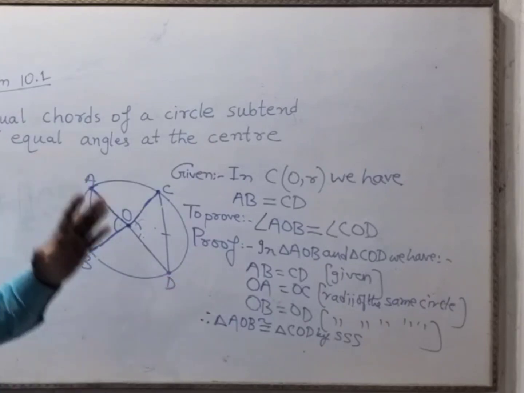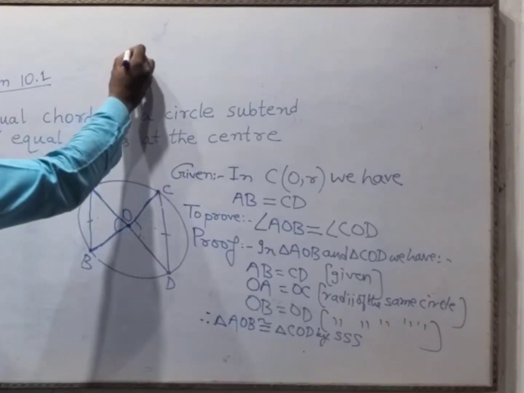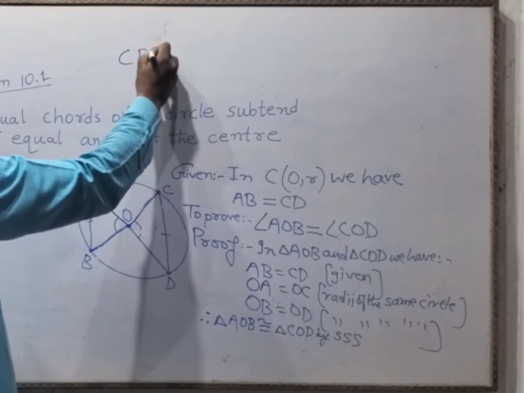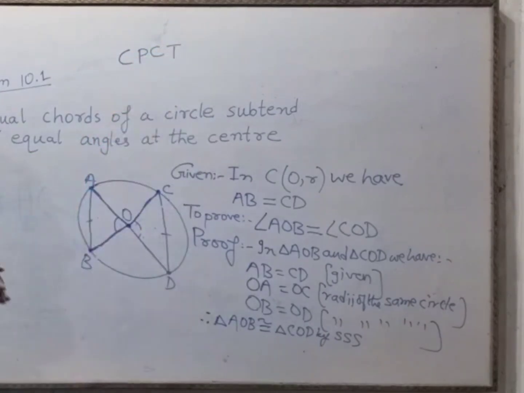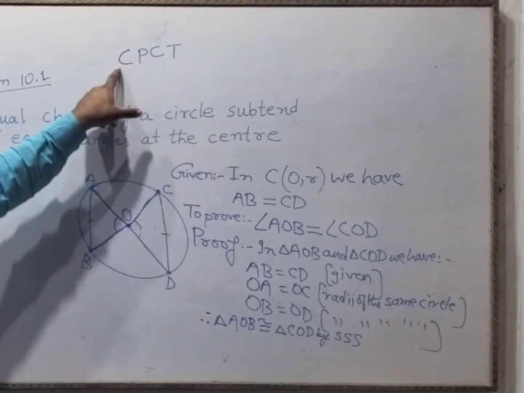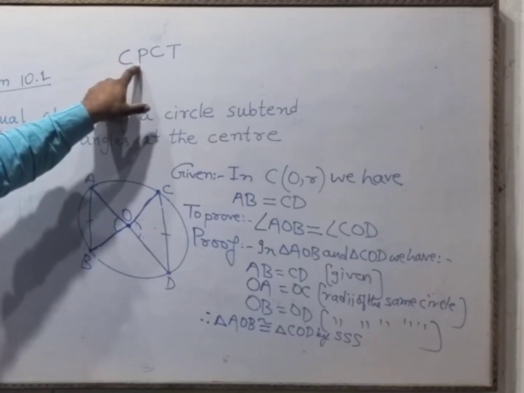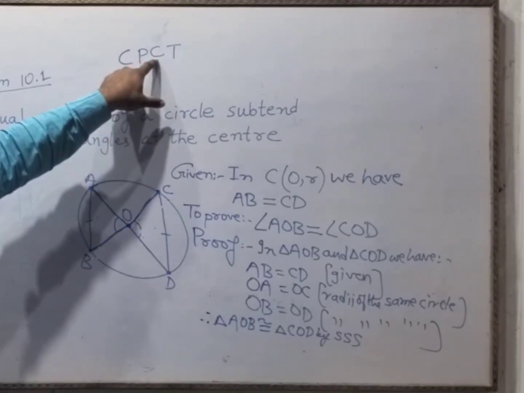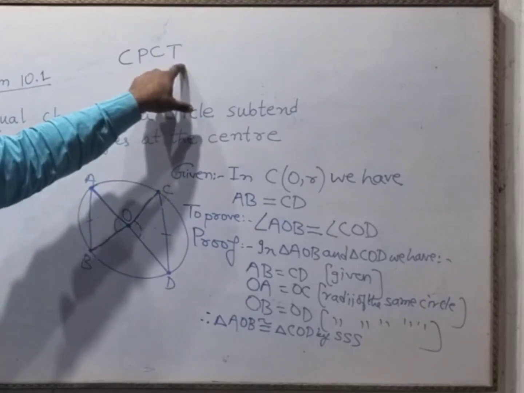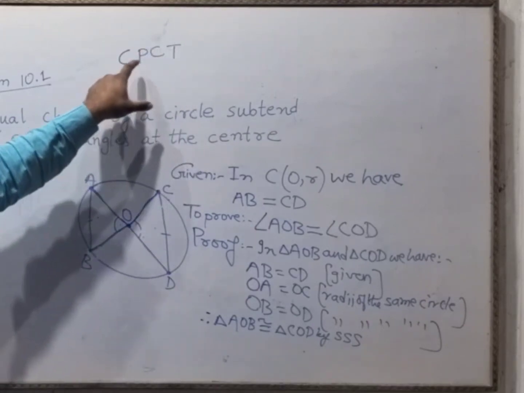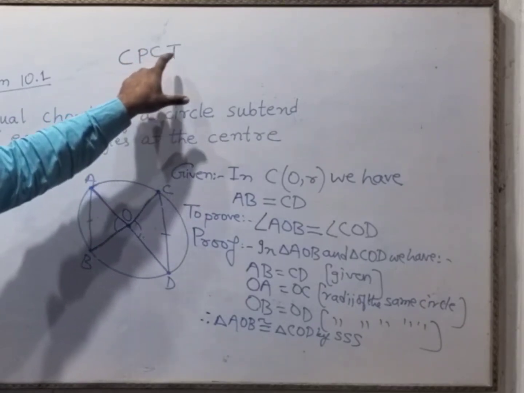Afterwards, we have studied about this term CPCT. What is CPCT? C stands for corresponding, P stands for parts, C stands for congruent, and T stands for triangles. Corresponding parts of congruent triangles.